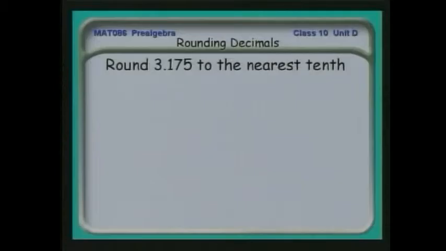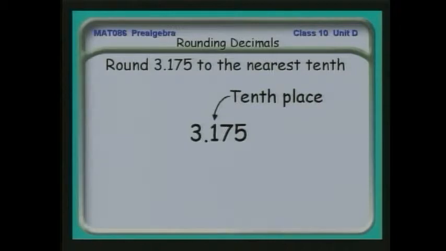Another thing we looked at was rounding decimals, and this works very similar to the way you round whole numbers, except now we work with the zeros differently. For example, to round 3.175 to the nearest tenth, we would put our finger on the 1, which is the 10th place.